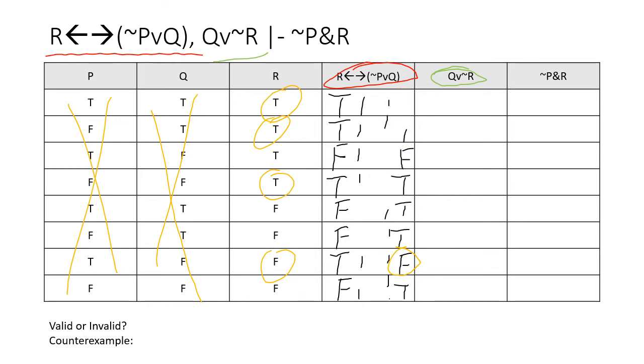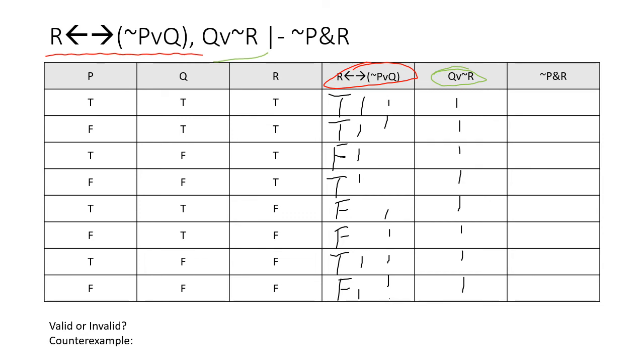So next, looking at the next premise, we've got two different operators. R is not a truth value, but we're just going to flip these values, so T's will become F's.